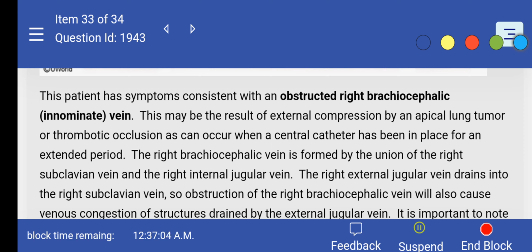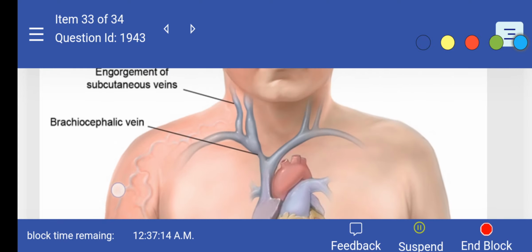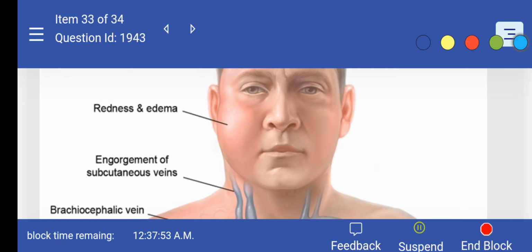This patient has symptoms consistent with an obstructed right brachiocephalic, or innominate, vein. Let me show this so it is easy for you. Let's say this one is the brachiocephalic vein, this is the right subclavian vein, and these are the jugular veins, which drain the fluid from the face area.